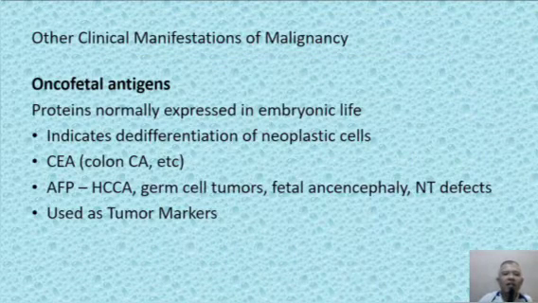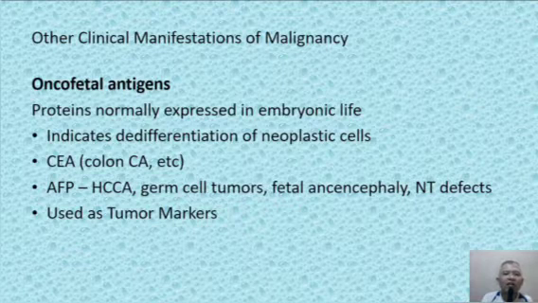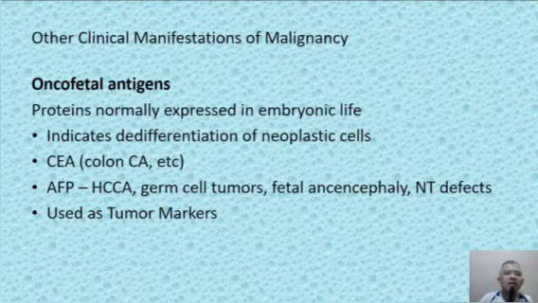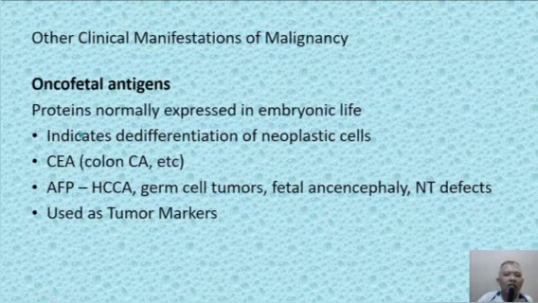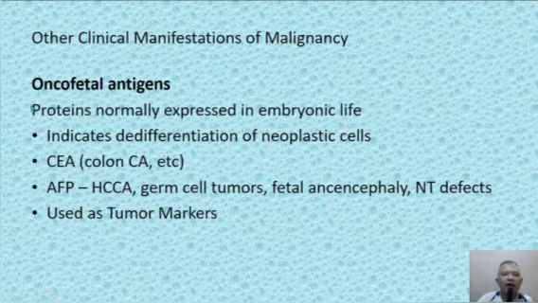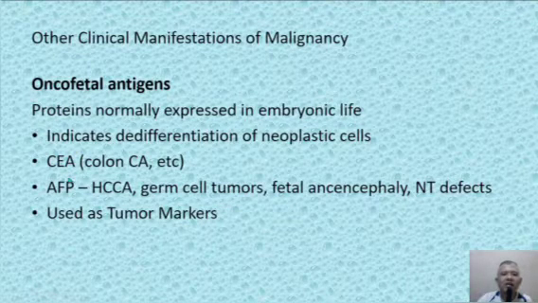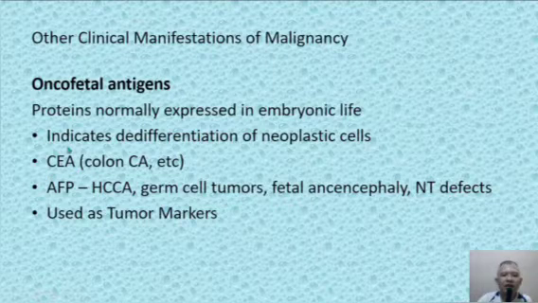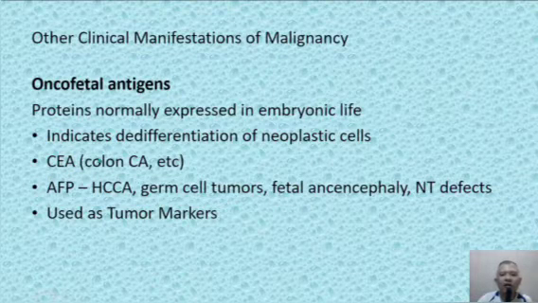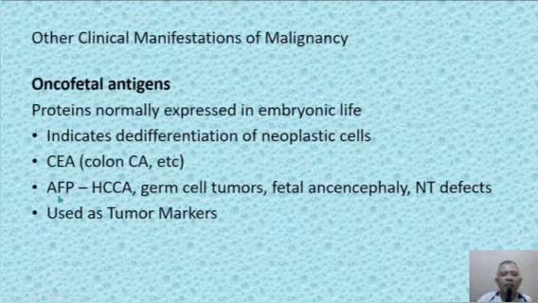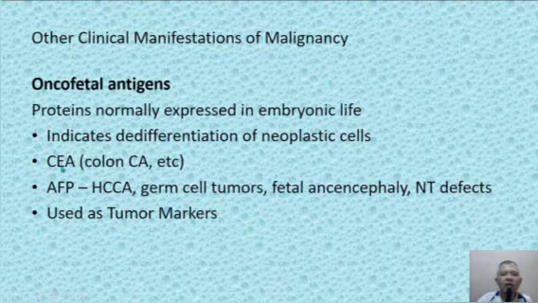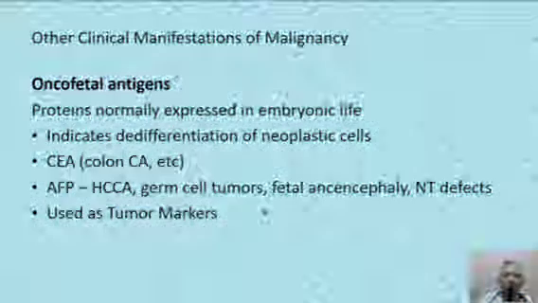Okay, next is oncofetal antigens, no, or what we call serum tumor markers. Okay, so these are proteins that are normally produced in fetal life. However, they are produced in neoplastic cells. One example is the carcinoembryonic antigen by the colon CA, AFP, or the alpha-fetoprotein by hepatocellular carcinoma, and other examples as well.